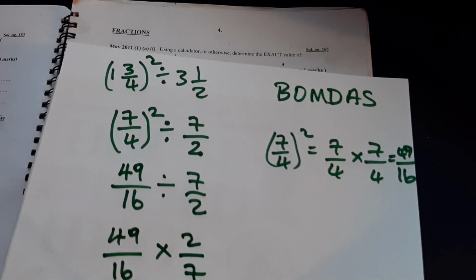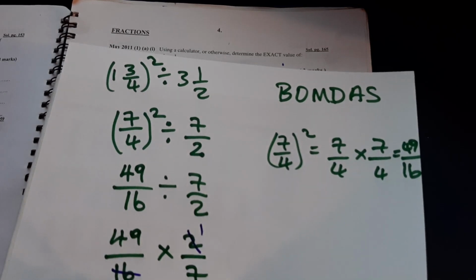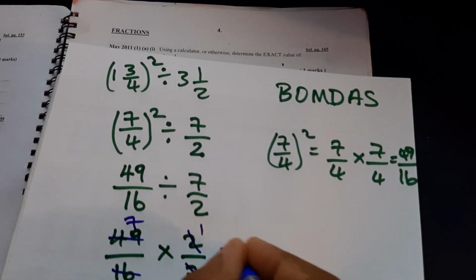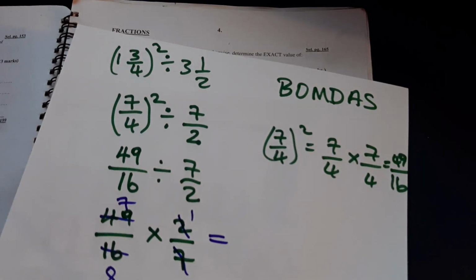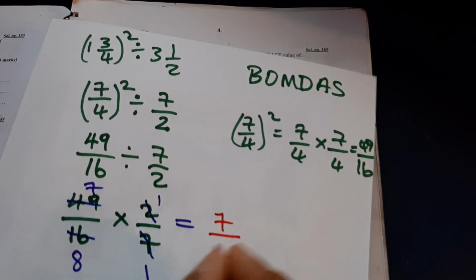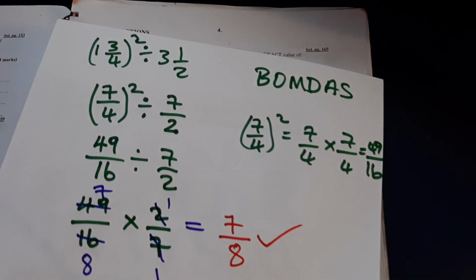And yes, let's look at the diagonals. 2 into itself, 1, 2 into 16, 8, 7 into itself, 1, 7 into 49, 7. So our final answer is going to be 7 times 1, 7 over 8 times 1, 8. That would be our result for that question.